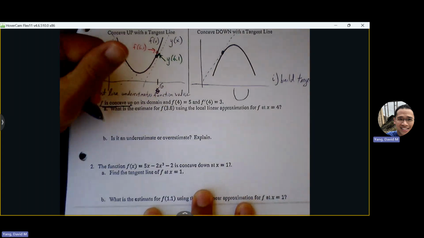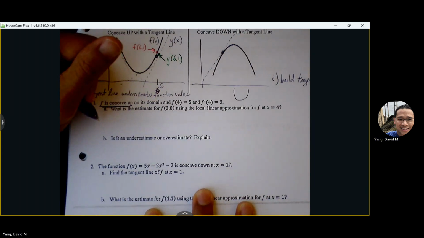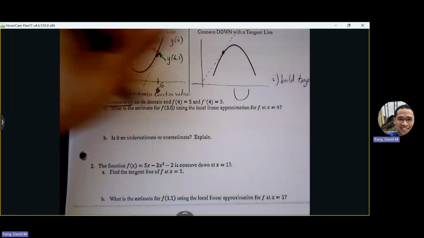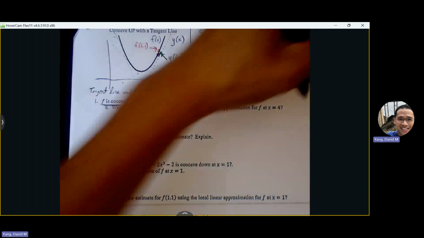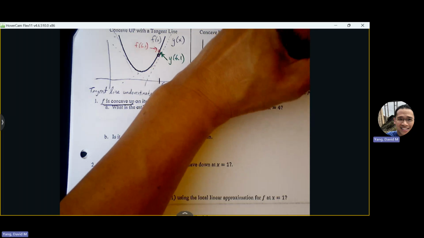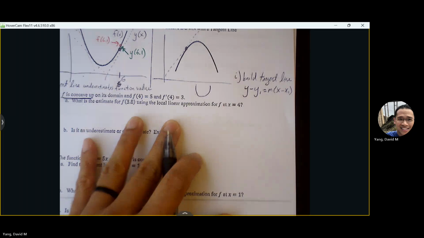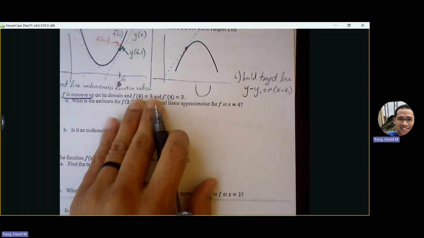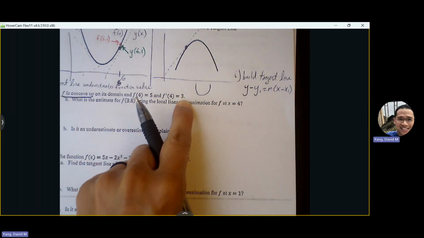Okay. So before we can answer part A, we first have to build our tangent line equation. So we'll do y minus y sub 1 is equal to m times x minus x sub 1. So here's my x1, y1. There's my slope m.